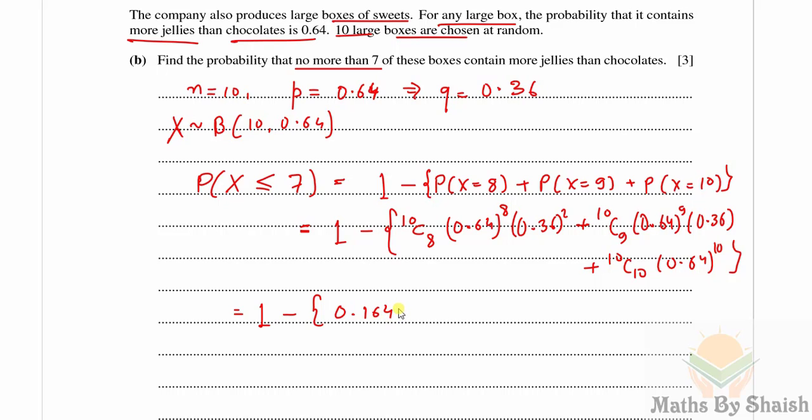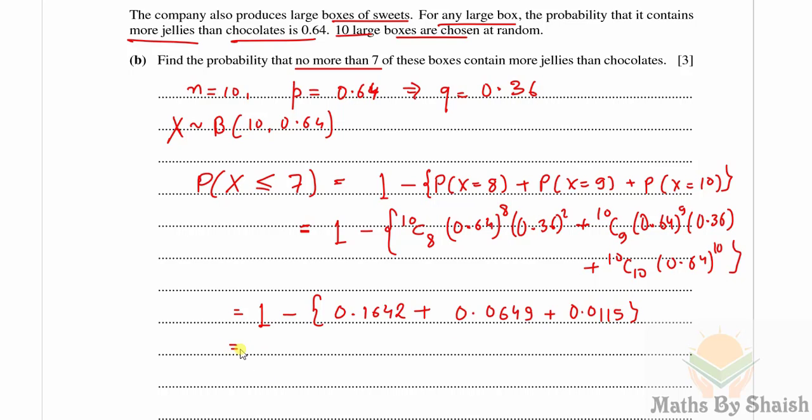The first value is 0.16415, which I'll take as 0.1642, plus the next value, where the power is 9 and we choose 9, which is 0.06485, and to 4 decimal places I'll take this as 0.0649. Then the last one is 0.64 to the power 10, because 10C10 is 1, which is 0.01152.